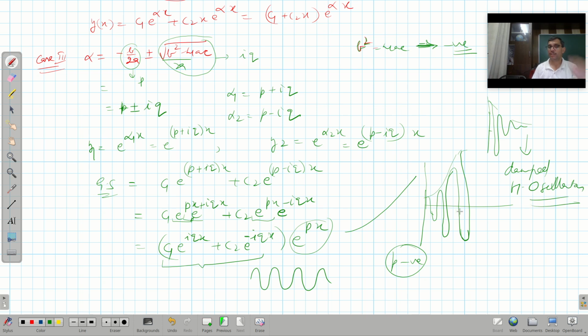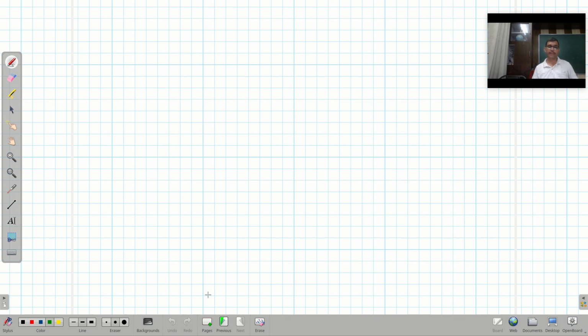So I talked briefly about how the solution is coming out, and if I recall all the results of these, the first solution is y is equal to c1 e raised to power alpha 1 x plus c2 e raised to power alpha 2 x.